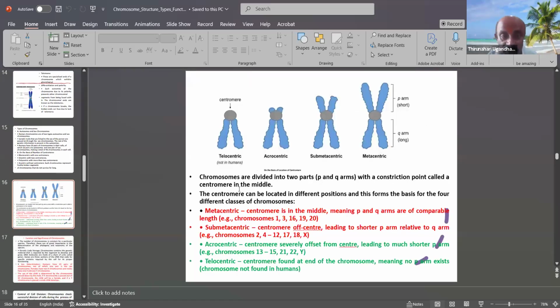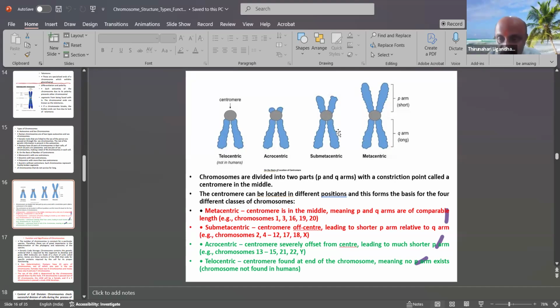The chromosome is divided into two arms, P and Q. P means the short arm and Q the elongated, long arm, on either side of the centromere, the constriction point in the middle part.